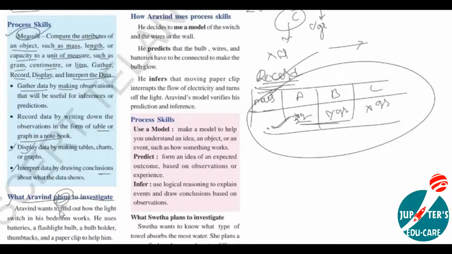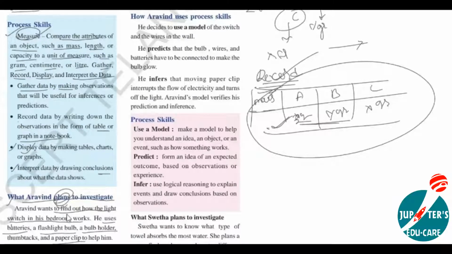He wants to find out how the light and switch work in his bedroom. So he uses batteries, a flashlight bulb, a bulb holder, thumbtacks and paper clips. With the help of all these, he can do the experiment.